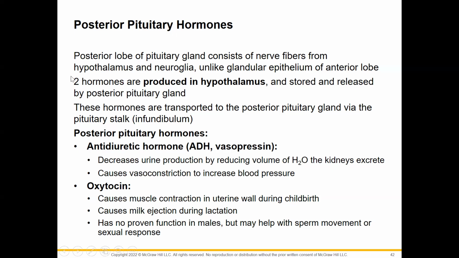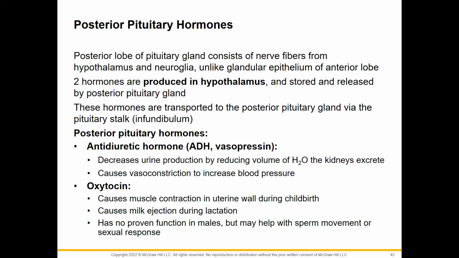All right. Two hormones produced in the hypothalamus are then stored and released by the posterior pituitary. So the posterior pituitary is not going to produce its own hormones.